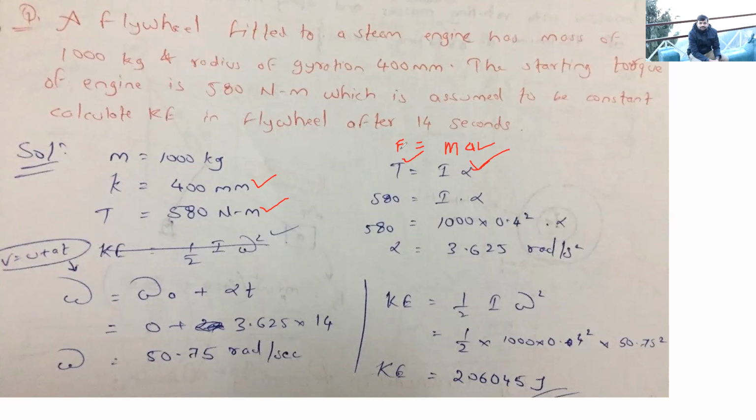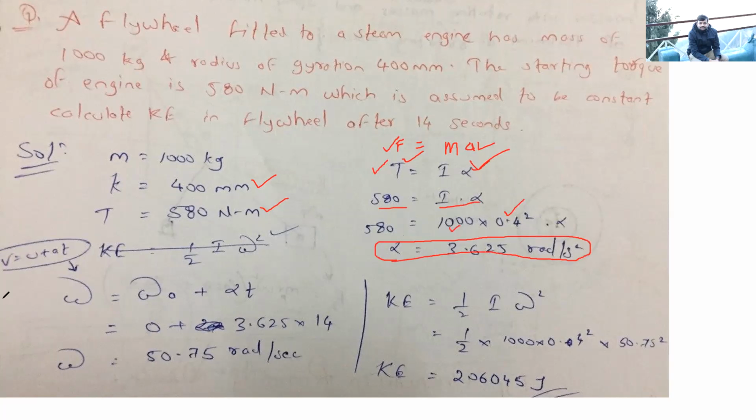In terms of linear motion we call it force, and when we are talking about rotational dynamics it is called torque. So this 580 is equated to I alpha. We calculated the value of alpha from here, that is 3.625 radian per second square.